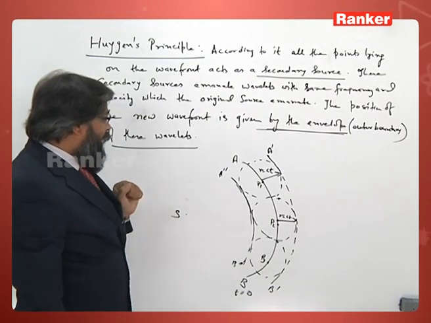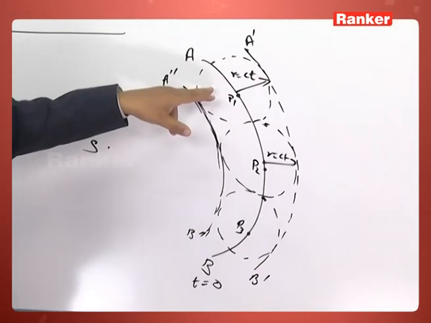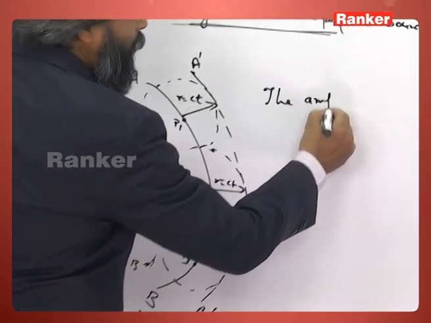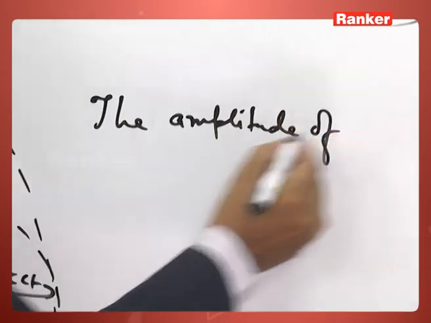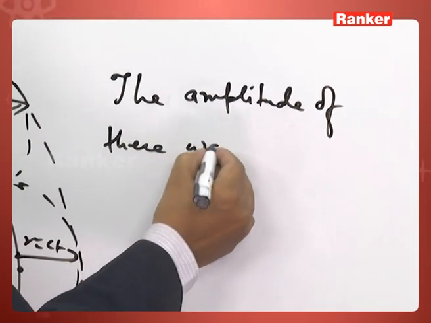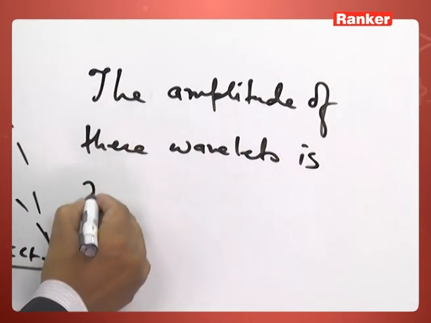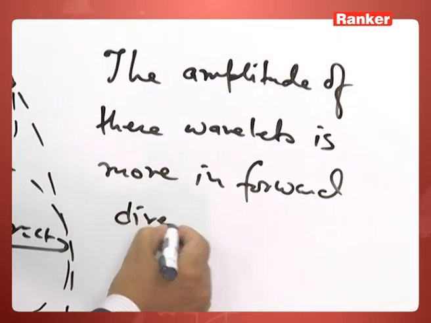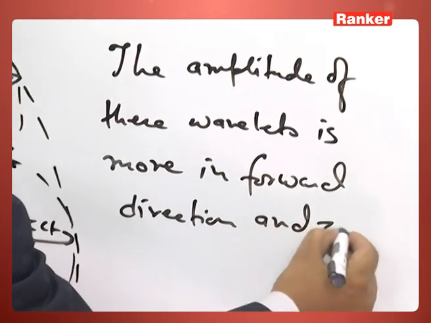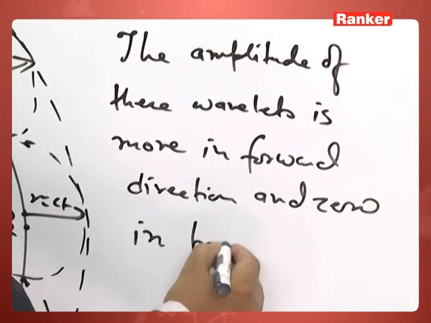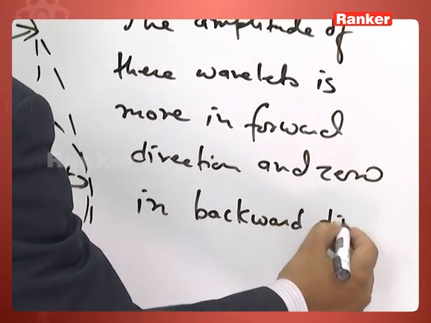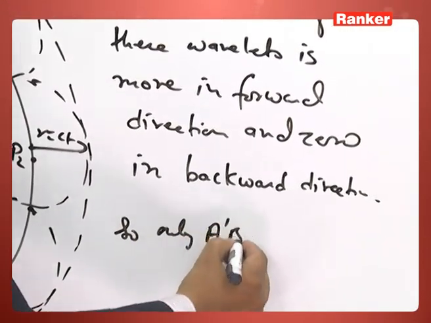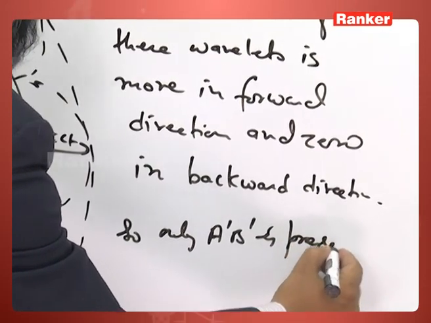Huygen explained that the amplitude of these wavelets is more in forward direction and 0 in backward direction. So only A dash B dash is present.